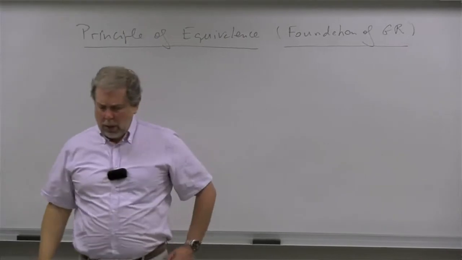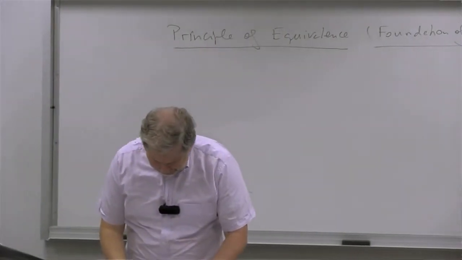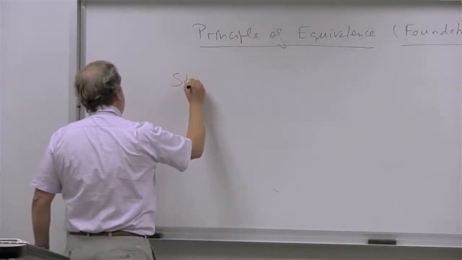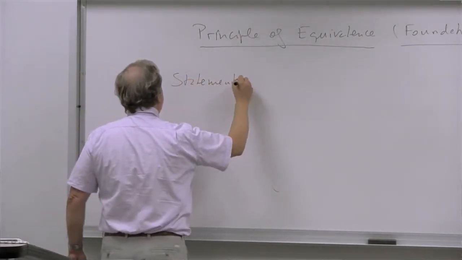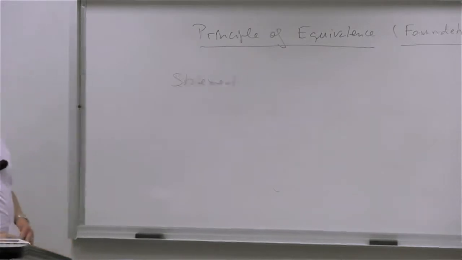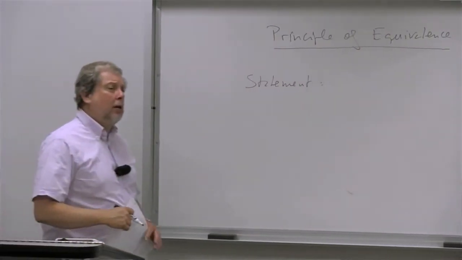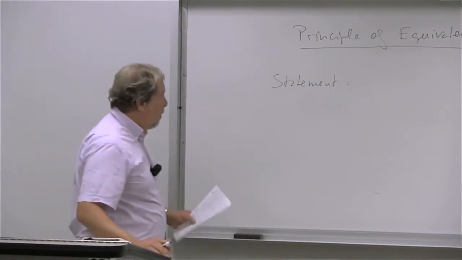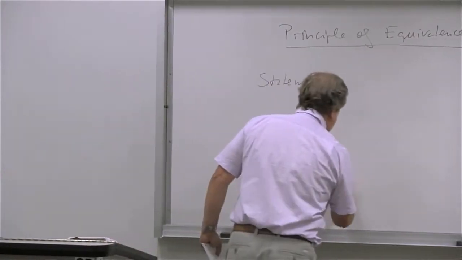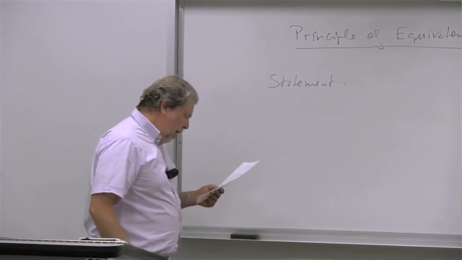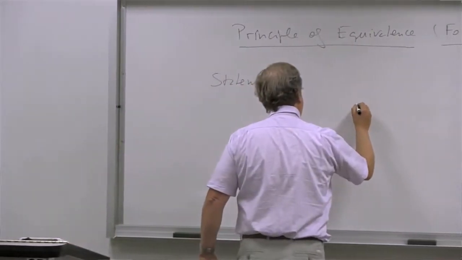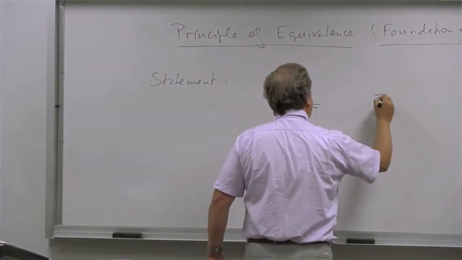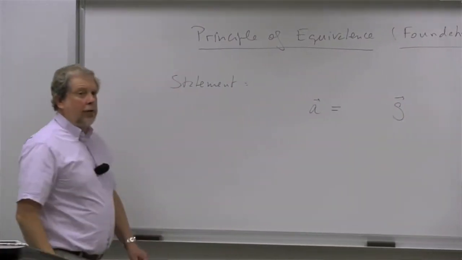And so the idea is that, right, the statement of the principle is that if you have a particle in a gravitational field, and that particle could be just on Earth, right, on the Tower of Pisa, for example, then you have that the acceleration is equal to g, right, the acceleration on the surface of the Earth.